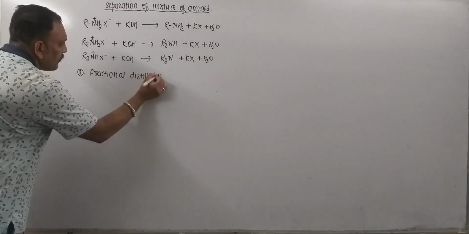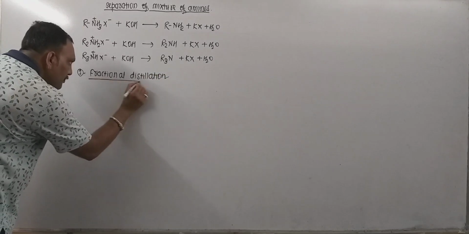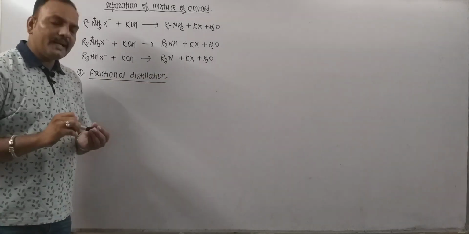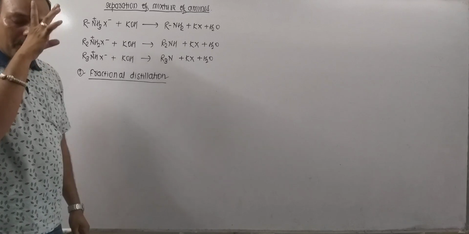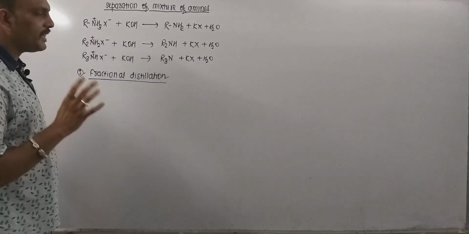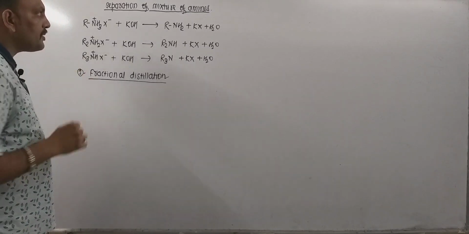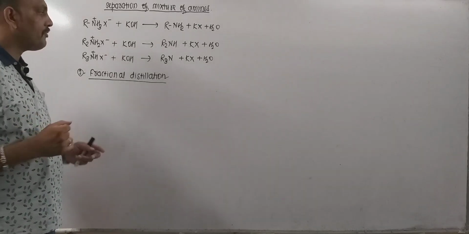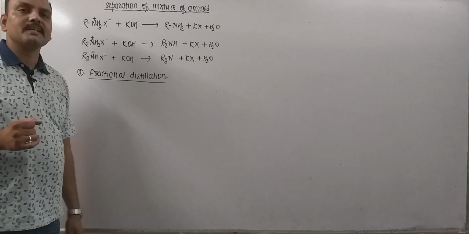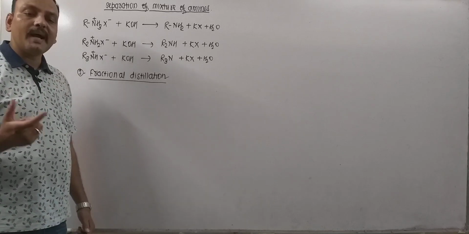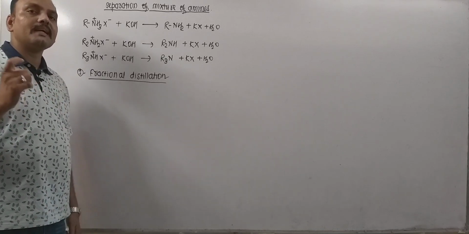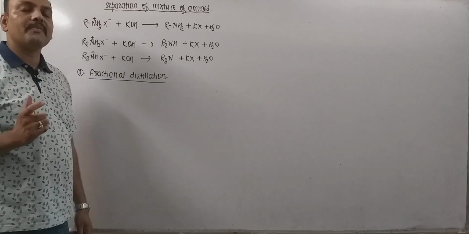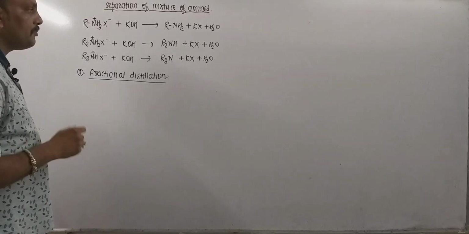Remember, fractional distillation can be employed only when there is a considerable difference in boiling points of the ingredients. The same applies to our primary, secondary and tertiary amines. If we subject a mixture of them to fractional distillation, it works. Why? Because there is a considerable difference in the boiling points of these amines.